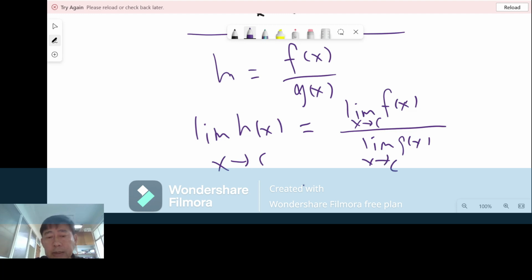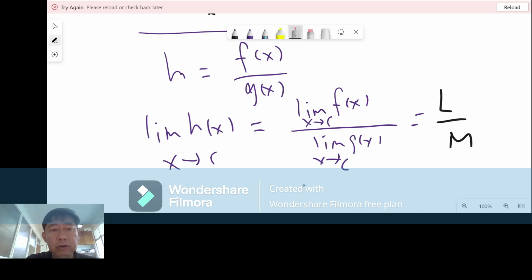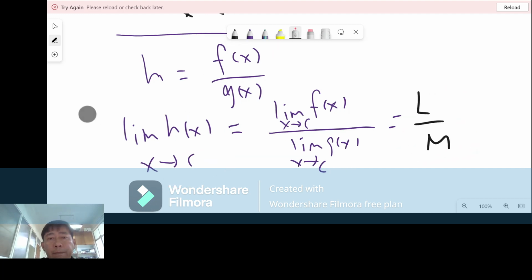If the limit of f at c is L and the limit of g at c is M, then the limit of this function at the point c is the ratio L over M, provided that the limit M is not 0. If M is 0, then this statement does not hold.